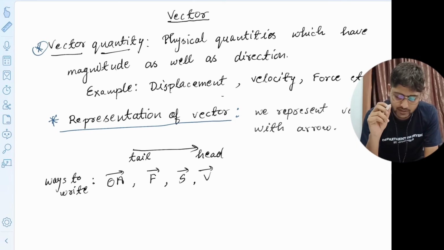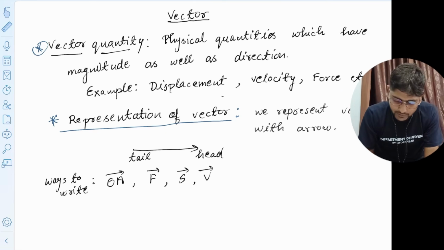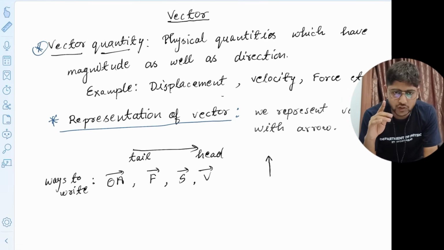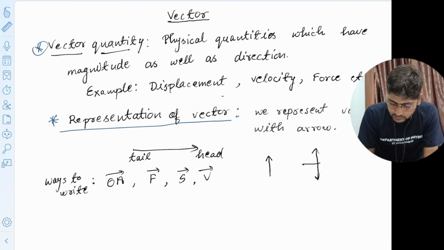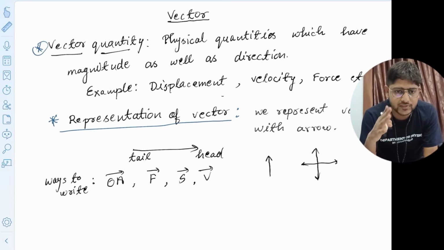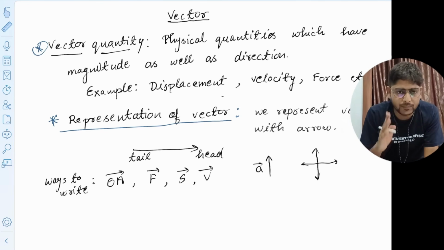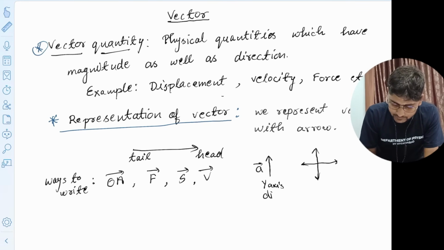The head of the vector specifically says this is the direction of the vector. If I say a vector points upward, it means the direction of the vector is upper side, and in the xy plane the upper side represents the y-axis. So this vector is saying y-axis direction.